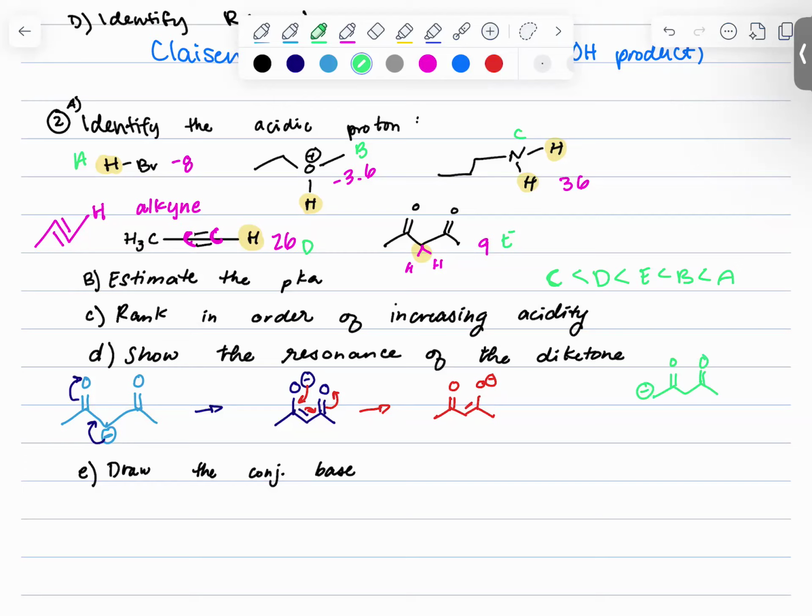And if we wanted to do resonance with it, this is the only structure we would get. And so because we get more resonance when we take off the other proton, that's how we know that that's the acidic proton. Everyone following so far? Feel good about this?